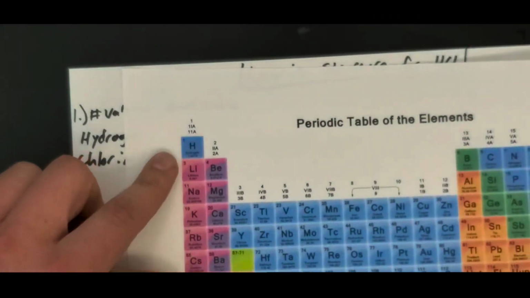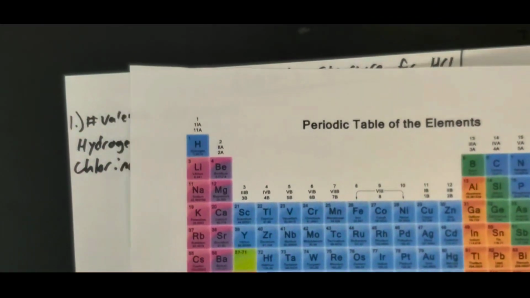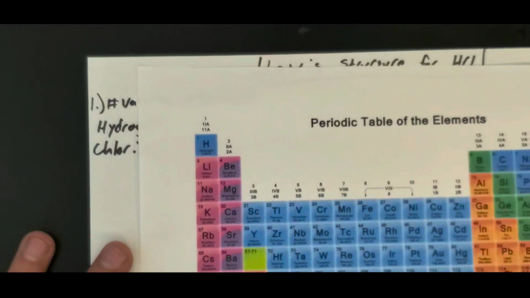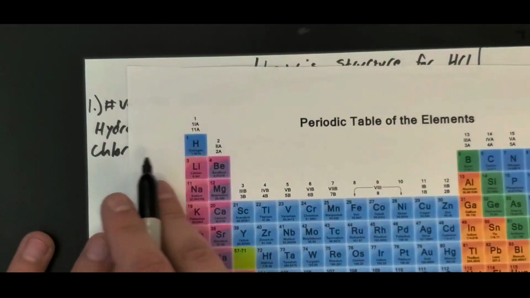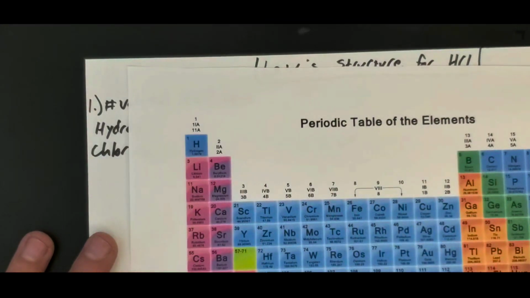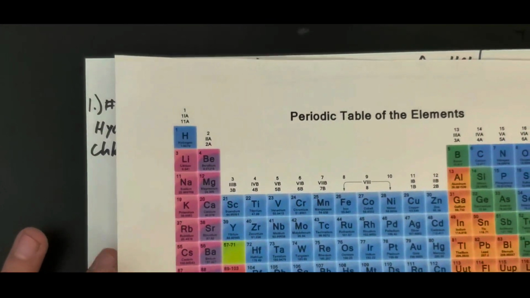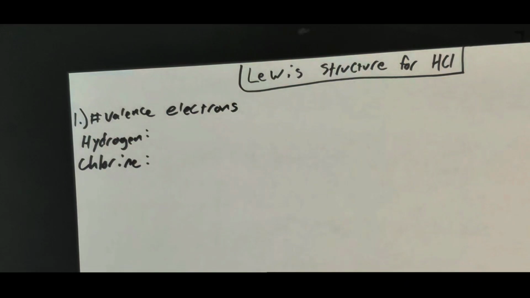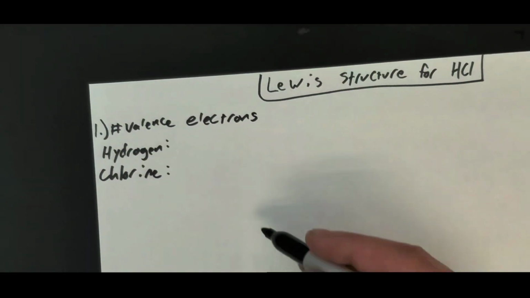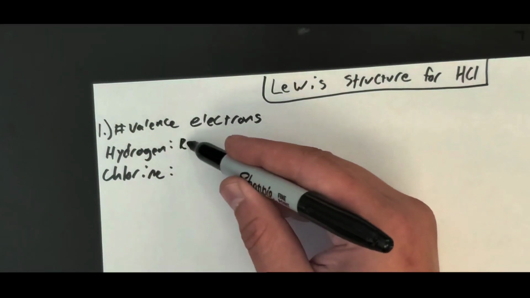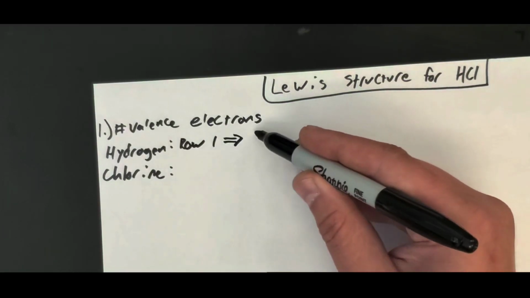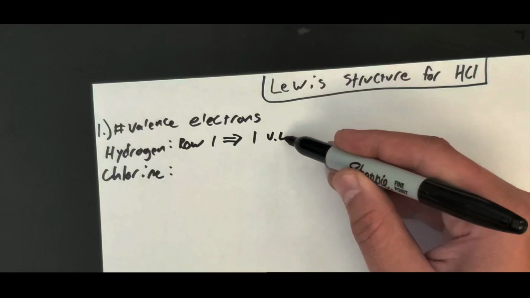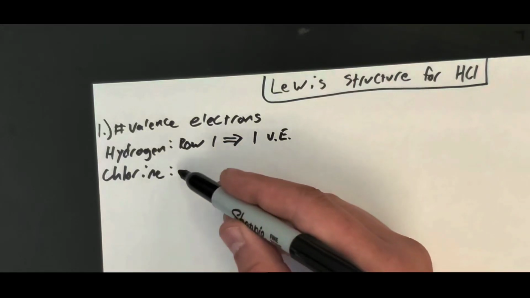Hydrogen is in column 1, and row 1. So it's on the first row here, so it only has a duet rule rather than an octet. And since it's on row 1, it only brings 1 valence electron.